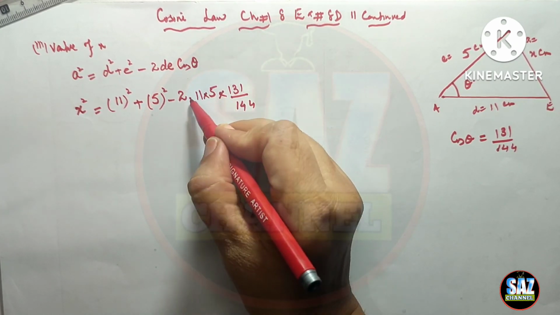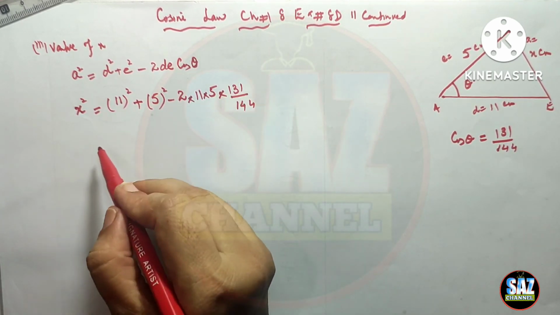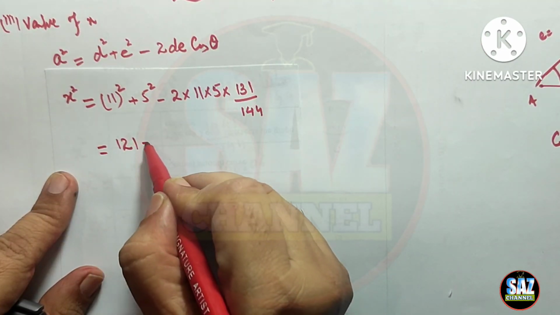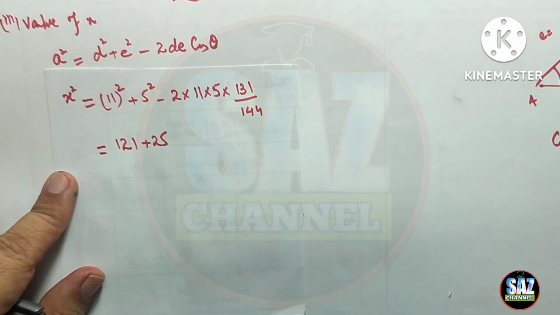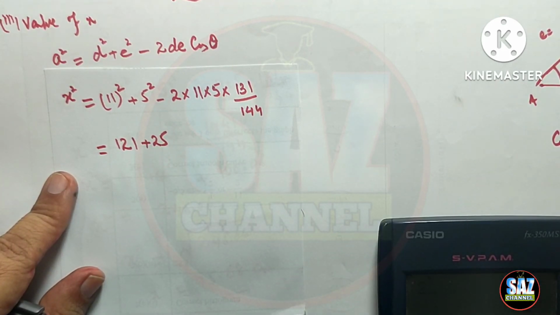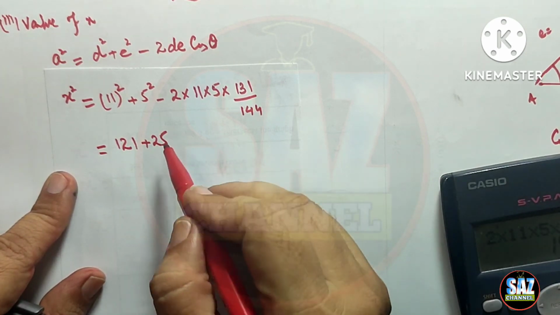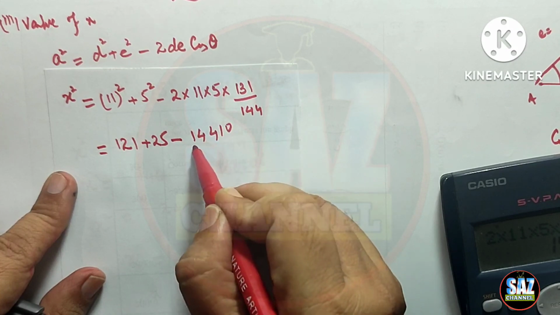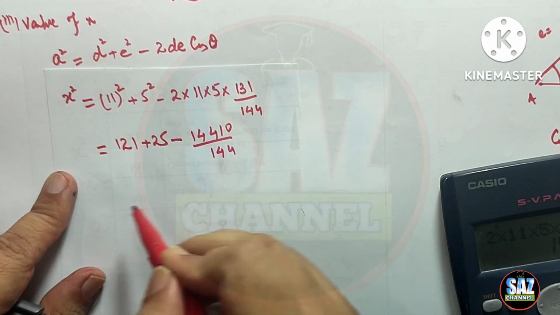Those who are my old students know it really well. So 121 plus 25. Now I have to hold the calculator. This is 2 multiplied by 11 multiplied by 5 multiplied by 131 over 144, which is minus 14410 by 144.